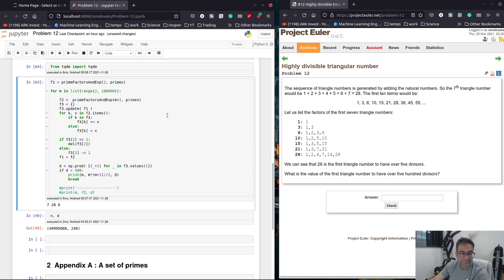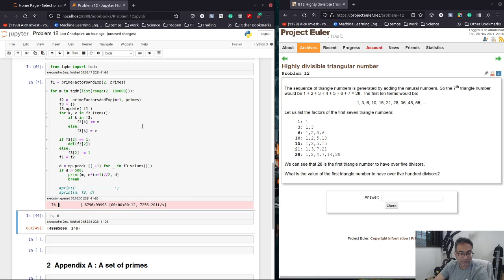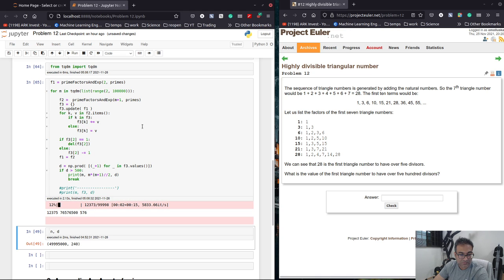Okay. Okay, so once we went to 12375, we have this number for which the number of divisors is 576. Let's see whether this is correct.